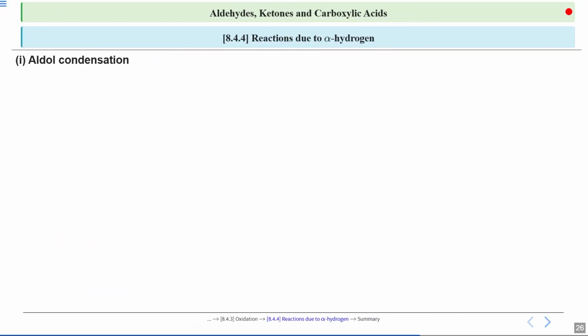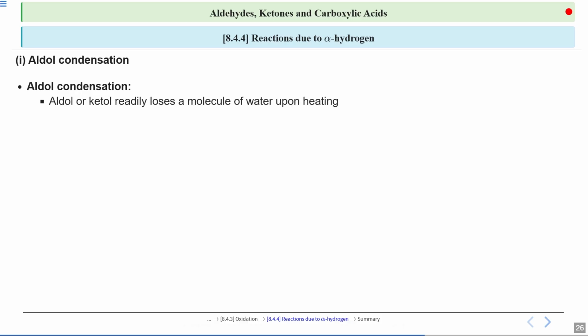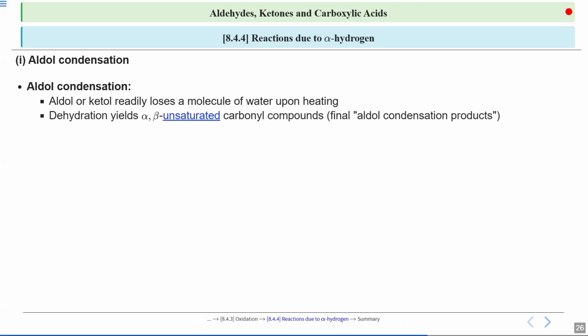So continuing with it. Now we will see that aldehydes or ketones readily lose a molecule of water upon heating. When aldehydes and ketones are heated, they readily lose a water molecule, and this dehydration process leads to the formation of alpha beta unsaturated carbonyl compounds.